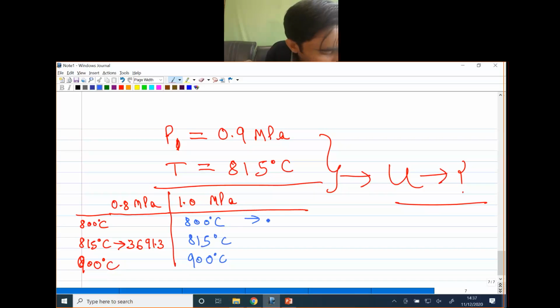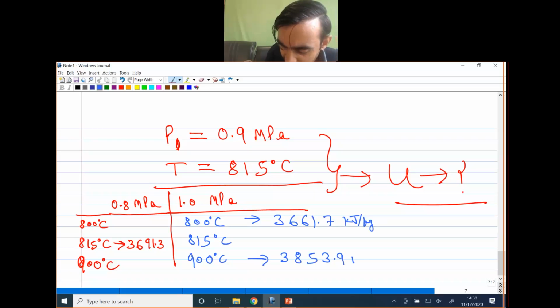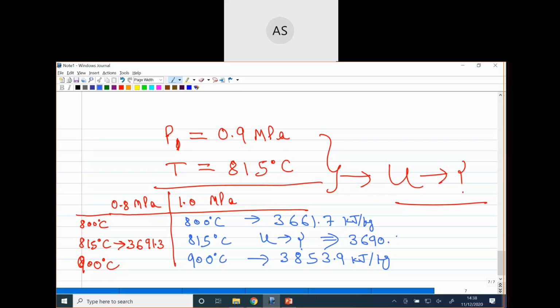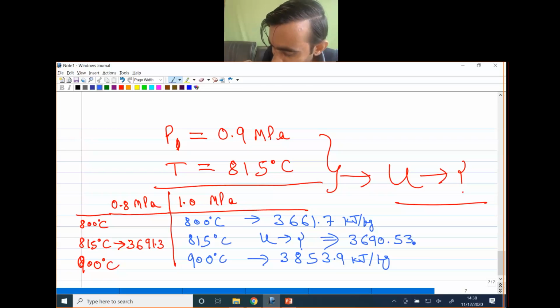At 800 you can refer to the table, the value is 3661.7 kilojoule per kg. For 900 it is 3853.9 kilojoule per kg, and this is what you have to find out. If you calculate this, it is 3690.53 kilojoule per kg.